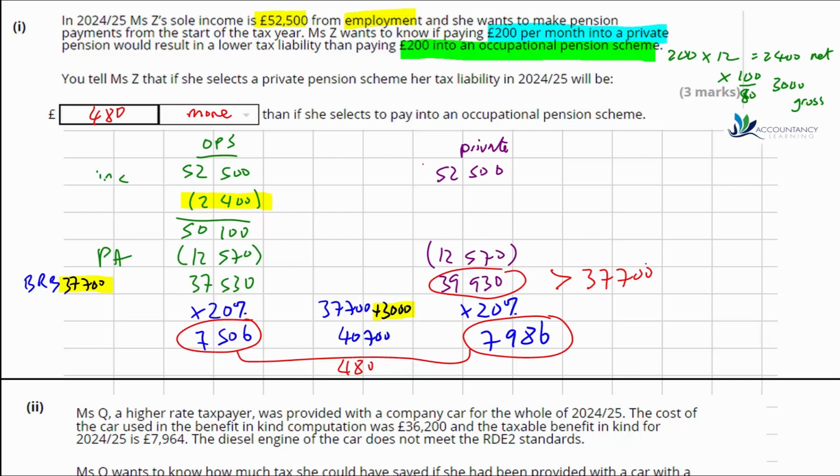So some of it may have been taxed at 40%. But by adding the gross amount to the basic rate band, it means that all of our income is taxed at the basic rate. So we pay less tax by paying into a private pension scheme. But overall, though, in this particular case, it would still be better to use the occupational pension scheme.